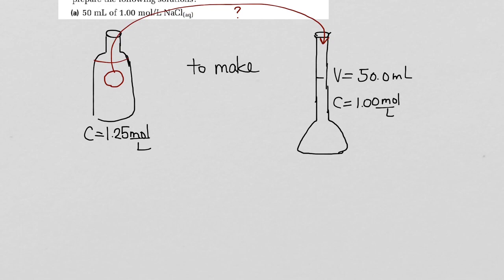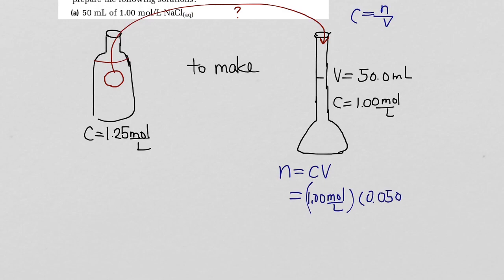So we can calculate n equals C times V. Concentration is 1 mole per liter. Volume, you have to change to liters, so 50 mL divided by 1,000 gives you 0.05 liters. So that would give us 0.05 moles.